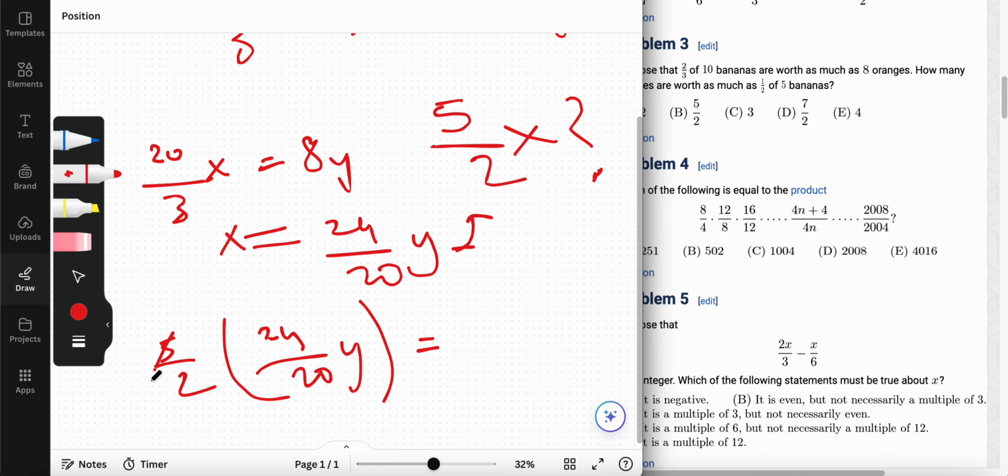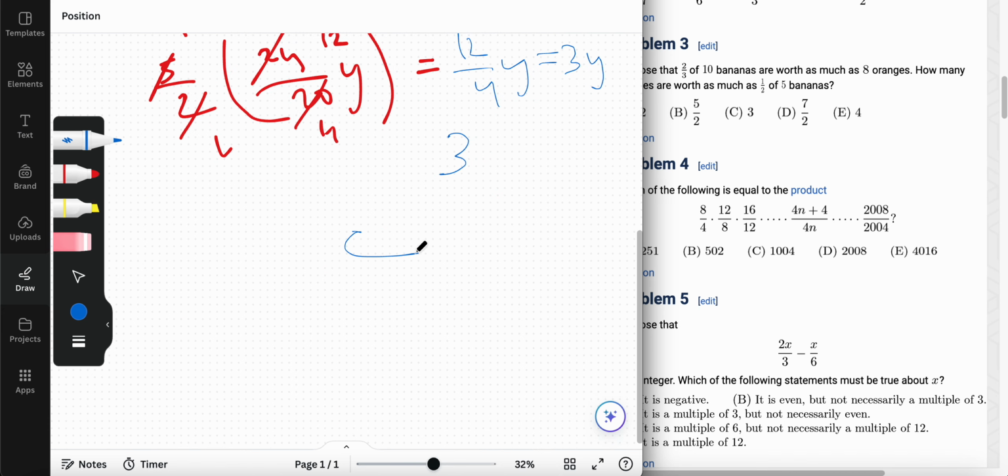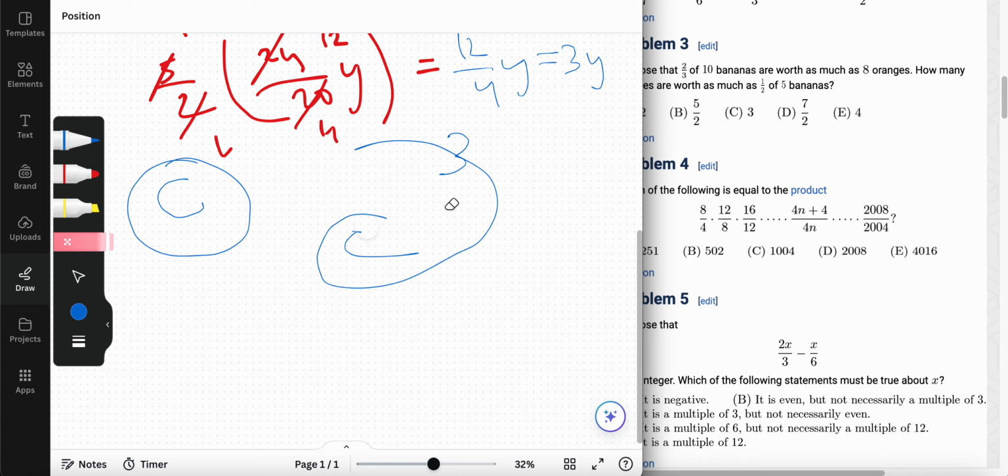And that is 1, 4, 1, 12. And I get 12 over 4Y, which is 3Y. So my final answer should be 3, which is C. Okay. So that's problem 3.